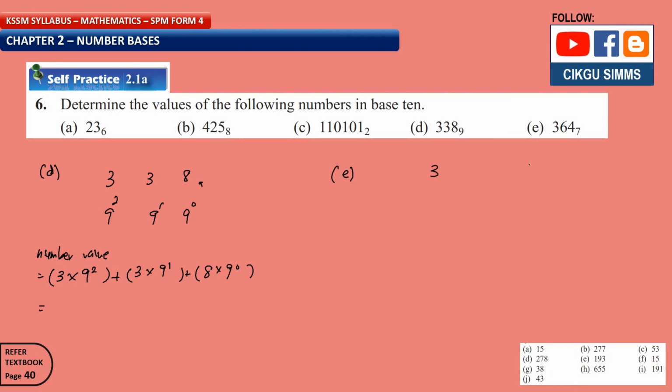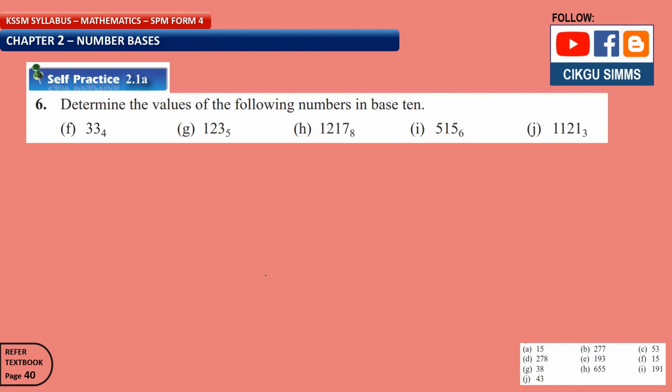Okay, question E, 3, 6, 4, 7, and then your number value. 3 digits, so I do 3 times. The first digit value, second digit value, third digit value. Okay. And then for question 6, you repeat the same method.